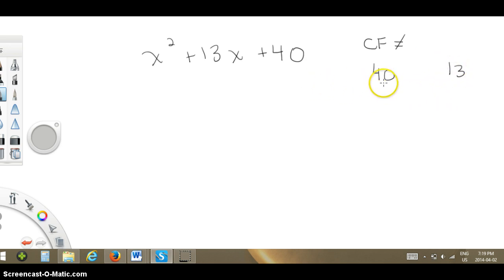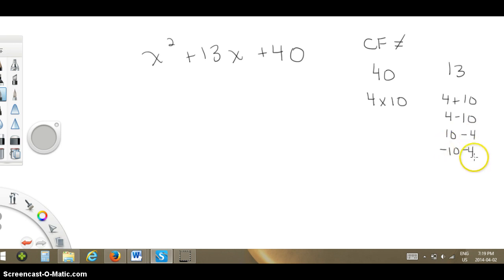So what numbers multiply to 40? Well, we've got 4 times 10, but none of this can happen to be 13, because 4 plus 10 is 14, 4 minus 10 is negative 6, and 10 minus 4 is 6. There's no way this can happen.